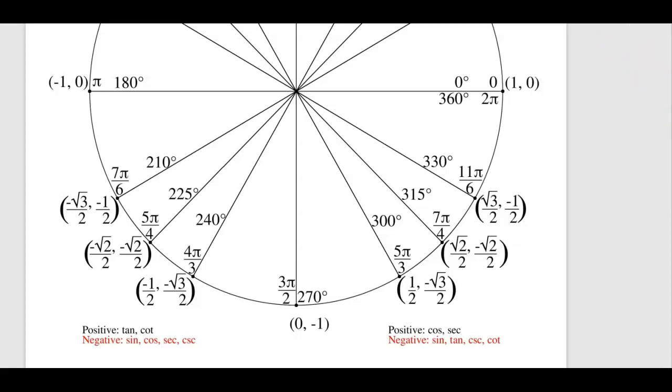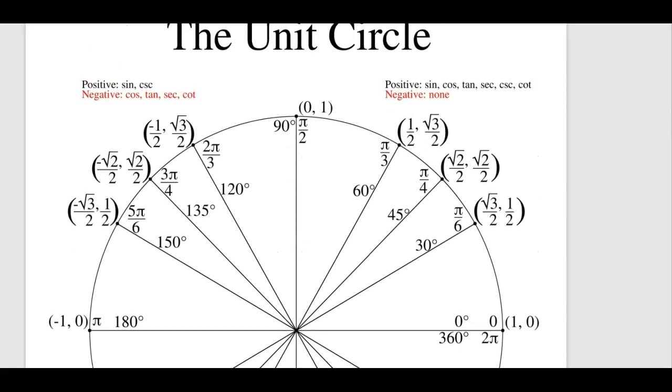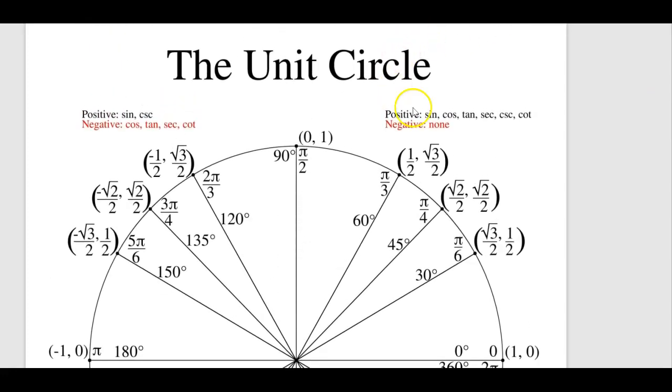Now the last thing that we have to fill out on this unit circle, let me scroll back up, is which trig functions are positive and negative in each of these 4 quadrants. So in the first quadrant, everything is positive and none of them are negative. In the second quadrant, sine is positive, because those are the y values, and cosecant, which is its reciprocal, is positive.